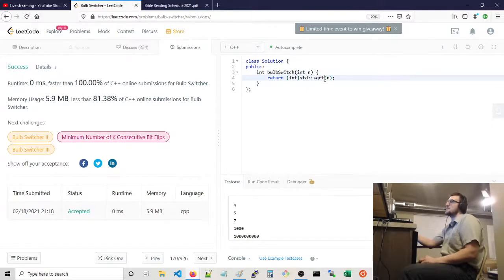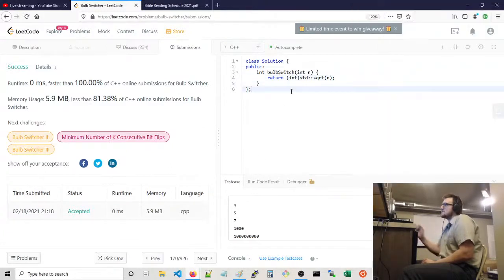But if you did have floating point errors, you could use Newton's root finding algorithm to calculate the square root of n.